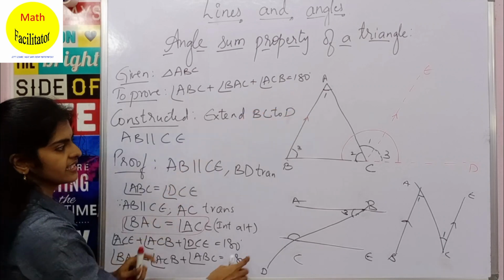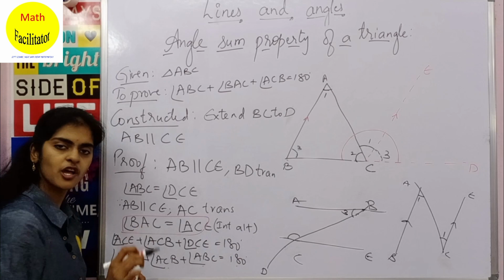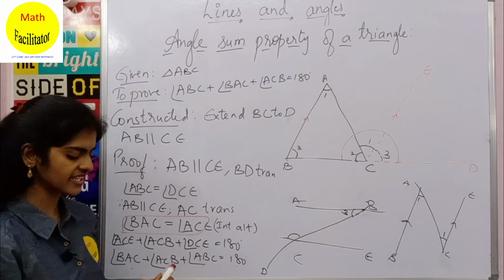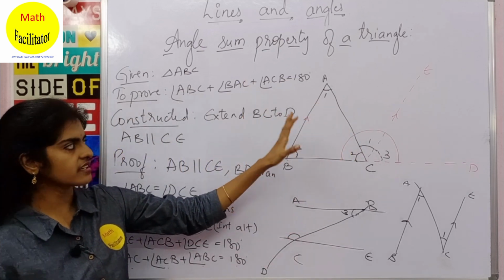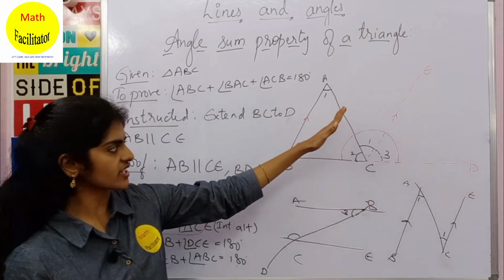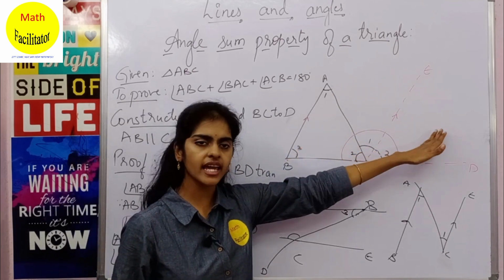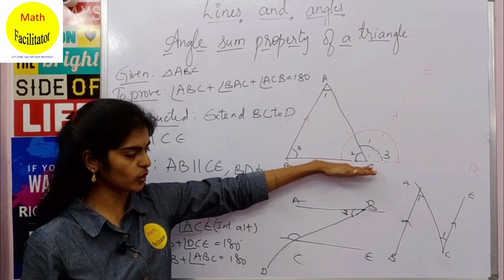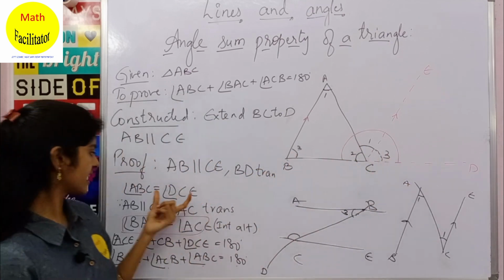Now just look, you have to prove that angle ABC plus angle BAC plus angle ACB is 180. These are nothing but the three angles of the triangle. You have to prove the sum of three angles of a triangle is 180. So very simple. The only thing you have to do is be very clear with the parallel lines and transversal. Firstly we are extending BC to D and constructing a parallel to AB. CE is parallel to AB. Since these two are parallel lines, you consider this as a transversal, and these two angles are corresponding angles, so they are equal.